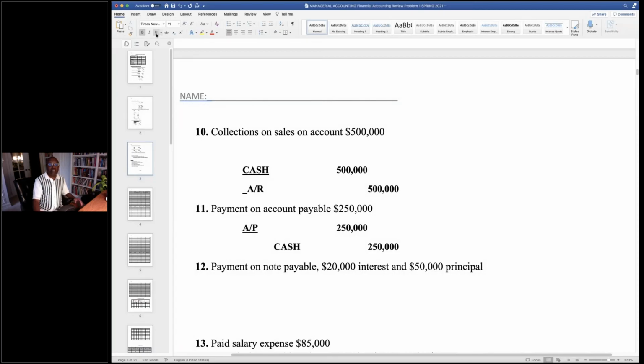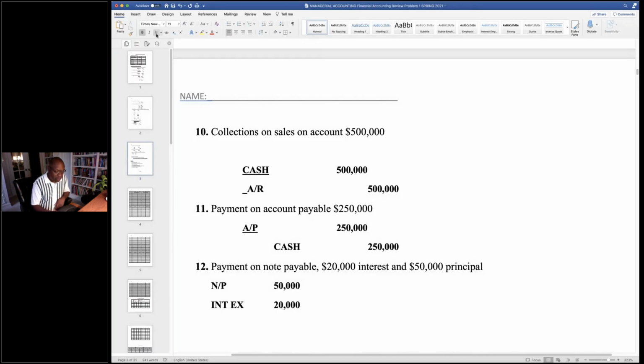Sounds good to me. So we're going to debit notes payable for the 50,000 principal. We're going to debit interest expense for the 20,000.